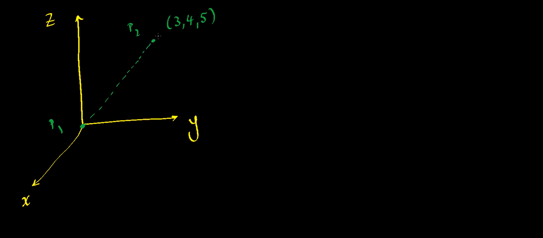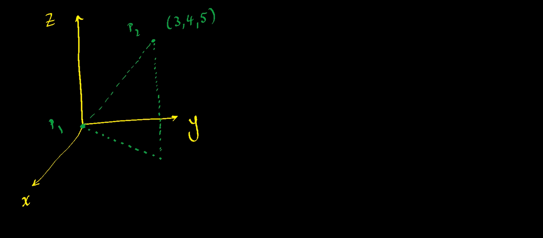And let me project this point on the xy plane so you have a better understanding of where it actually is. So this is the projection of the point, and this is the projection of the line, or the shadow of the line on the xy plane.